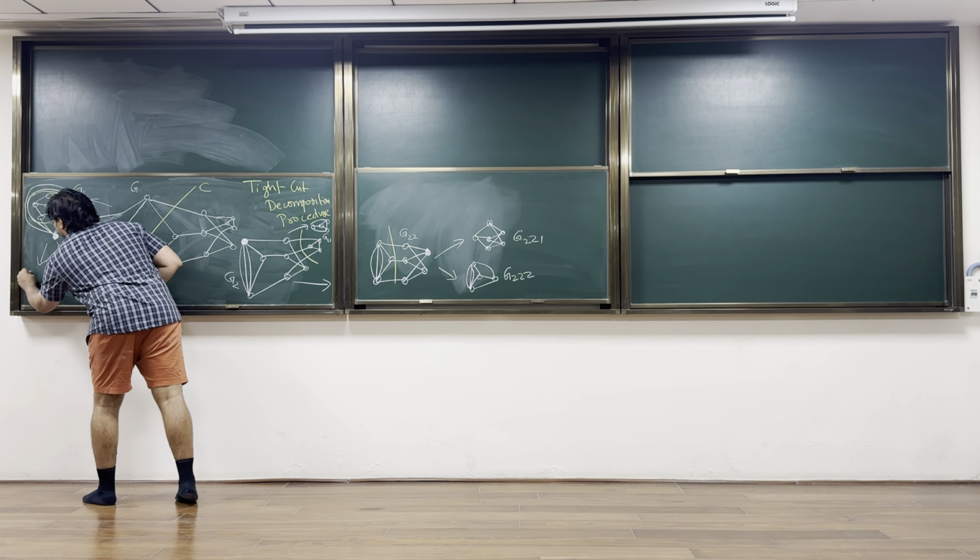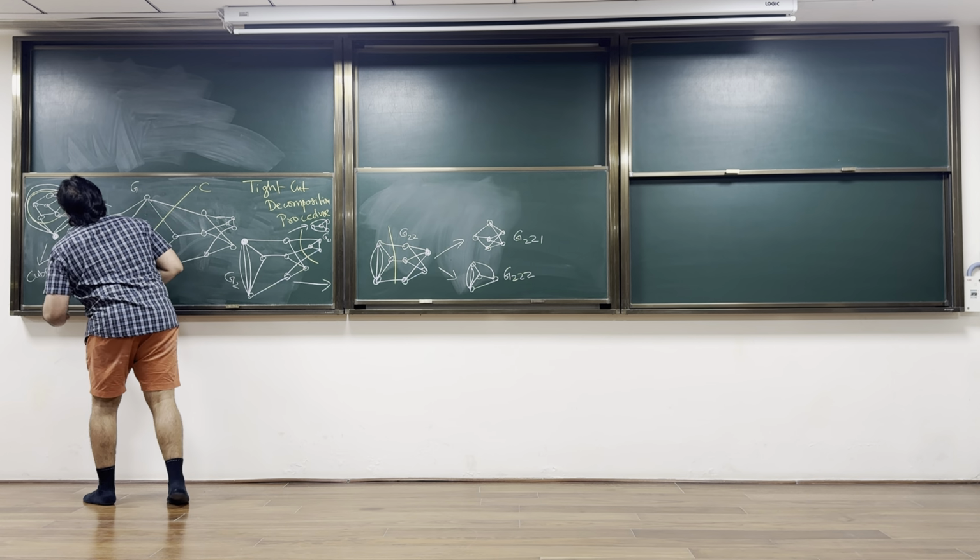I'll just, in the interest of not making a mess further, I'll get a cube graph G11, maybe there are multiple edges, I'm not sure, and I'll get K4 up to multiple edges, that is my G12. Yeah? Okay, so what we did is we started with a matching covered graph.